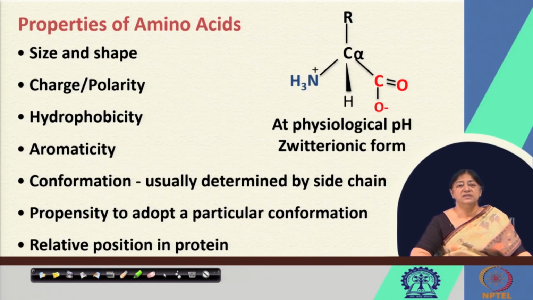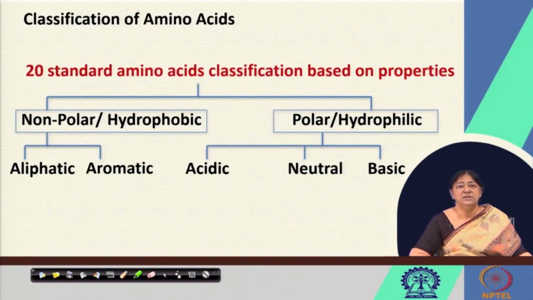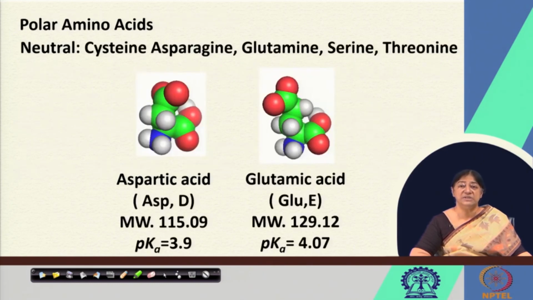And of course, their relative position in the proteins is going to depend upon the type of protein. The 20 standard amino acids that we looked at in our class last time had the non-polar or hydrophobic type, and the polar or hydrophilic type, where we have an aliphatic, aromatic set, or an acidic, neutral and basic set.